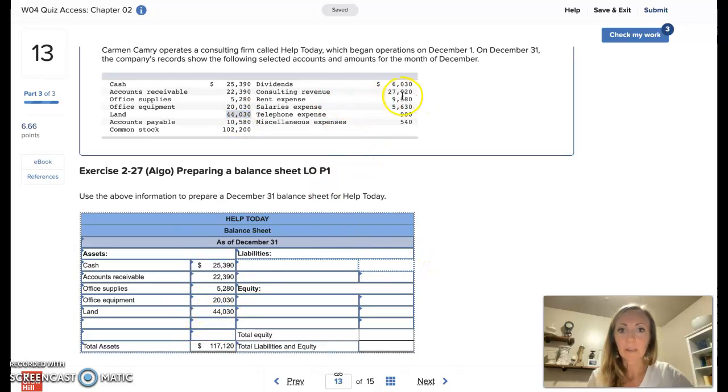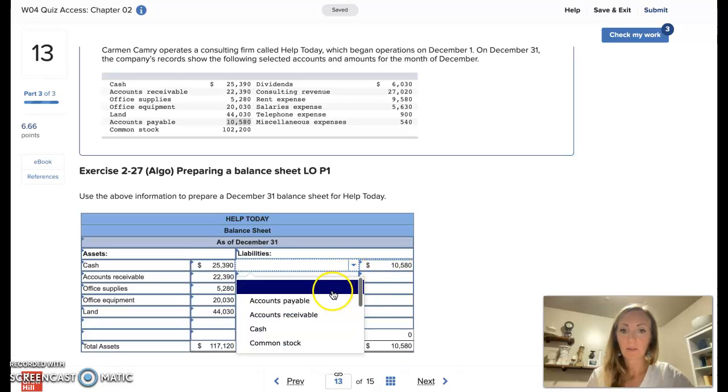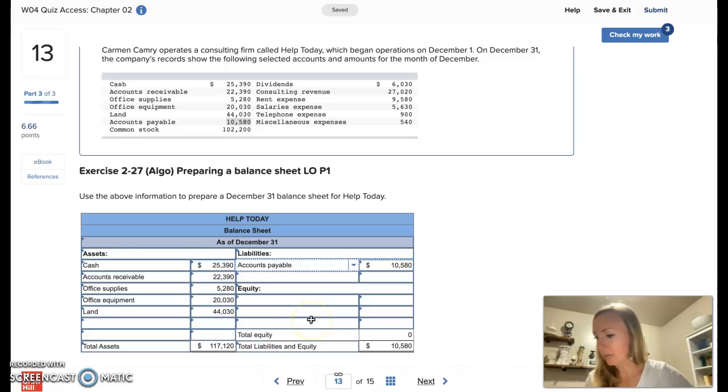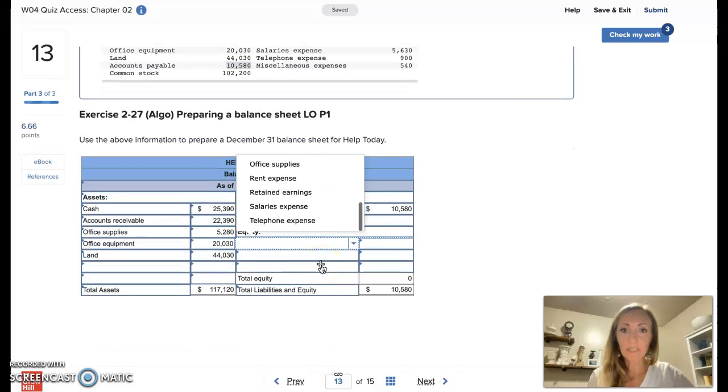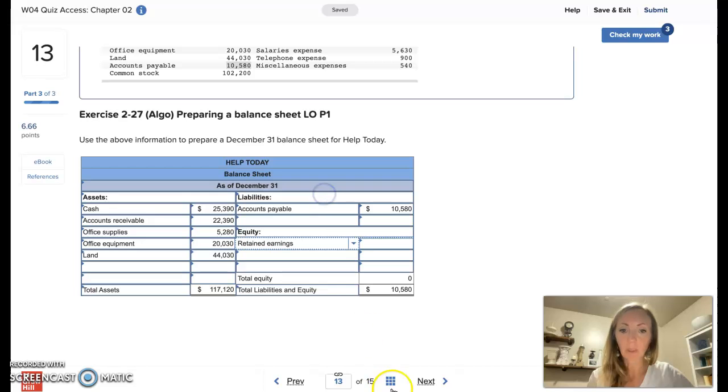All right, the liabilities here, we still have accounts payable. Just plug that number in. With our equity, we have our retained earnings, which we take from our previous statement of retained earnings.